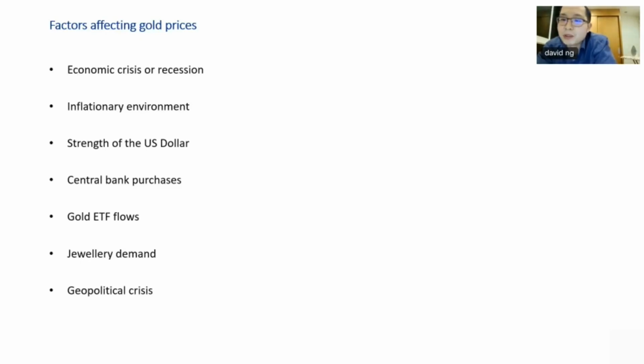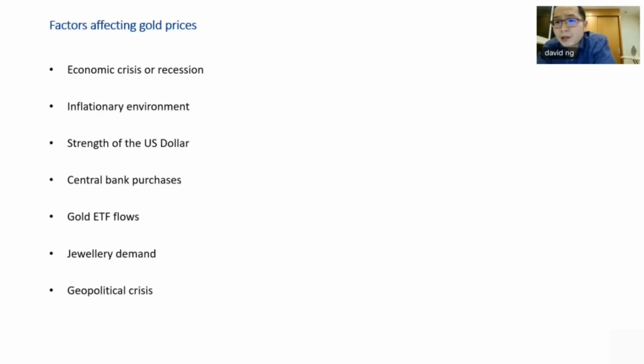Whether we are in one right now is still to be seen, but I think it will remain very valid that gold can play a role when it comes to seeking shelter from economic troubles. So in times of economic crisis, a lot of fund flows will flow back into the gold market, especially in search of a safe haven.